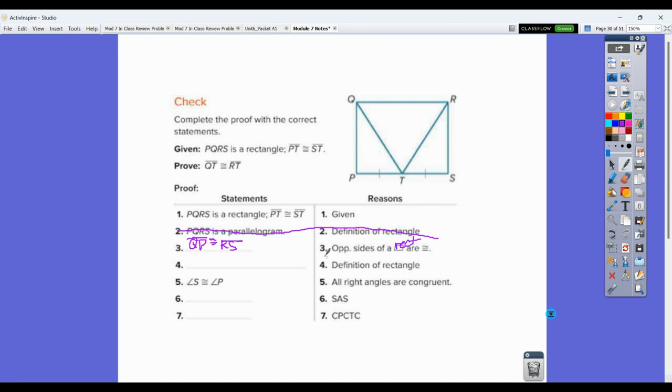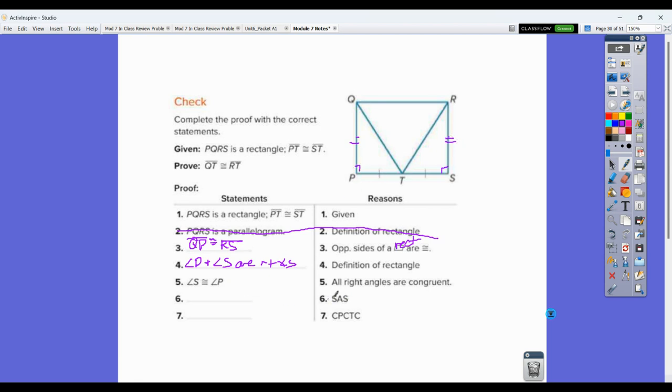Then they use the definition of a rectangle. So that's talking about the 90-degree angle. We're going to say that angle P and angle S are right angles, because that's using that definition of a rectangle, a parallelogram with 4 right angles. And then they say angle S is congruent to angle P because all right angles are congruent. So we've got these two pieces, and then the 90 degrees.